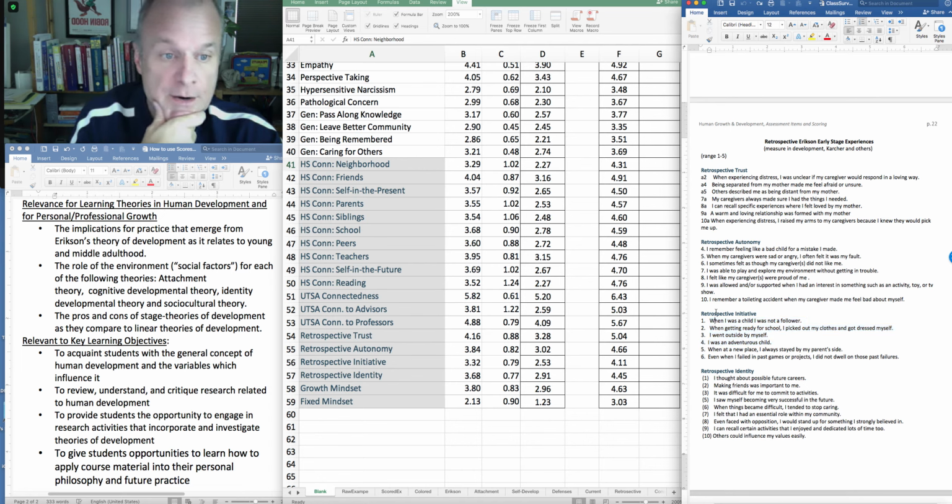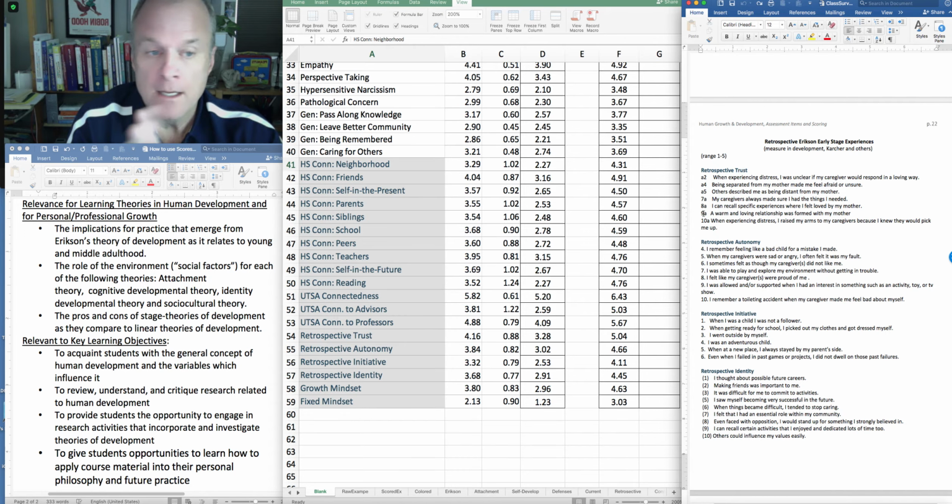So here we've got items, and we made these up over several courses. You have to assess whether or not these hold together and are consistent with your understanding of things like the term initiative or trust.